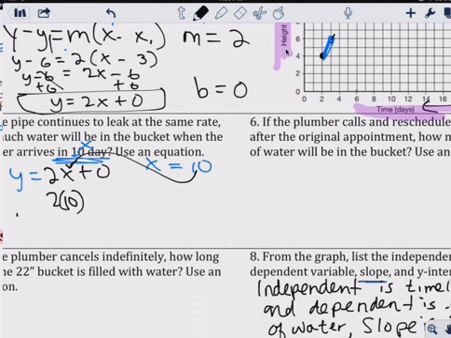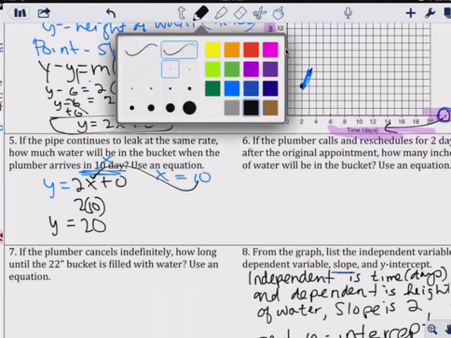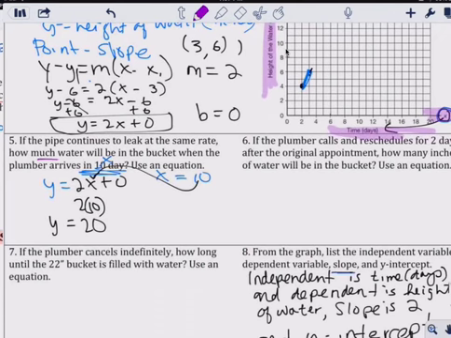They ask, if the pipe continues to leak at the same rate, how much water will be in the bucket?